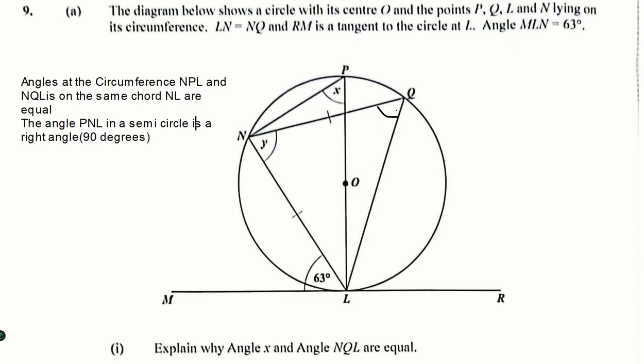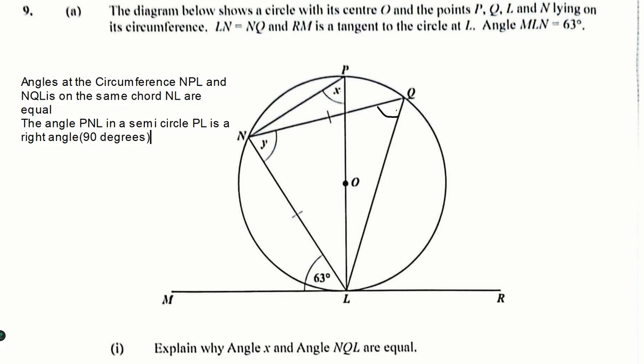What makes it a semicircle? Because we have a diameter PL. The angle opposite that diameter is 90 degrees. That is how I know that this angle here is 90.